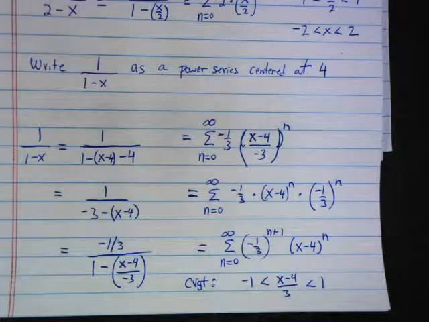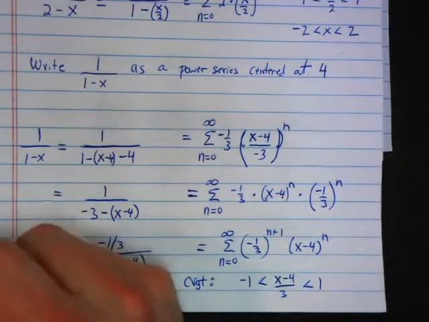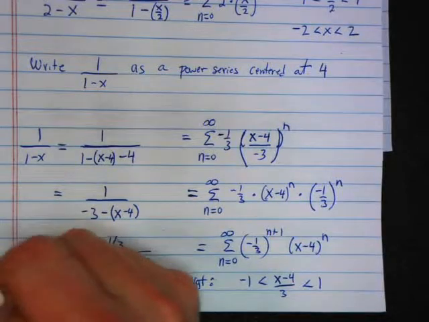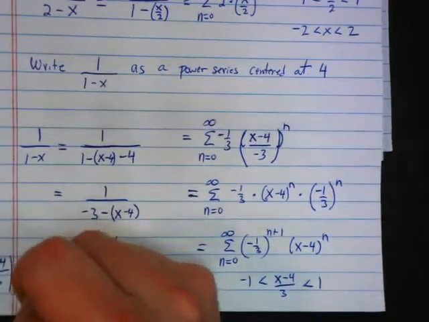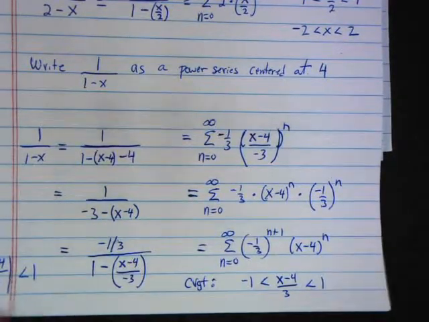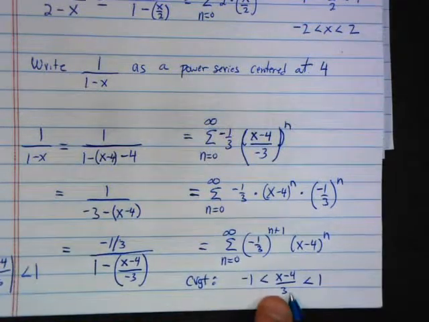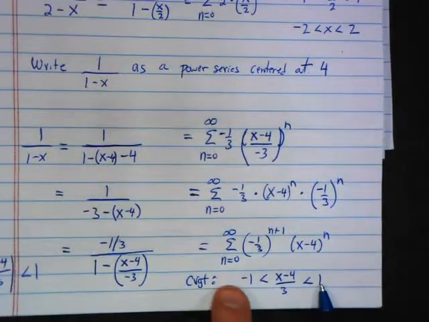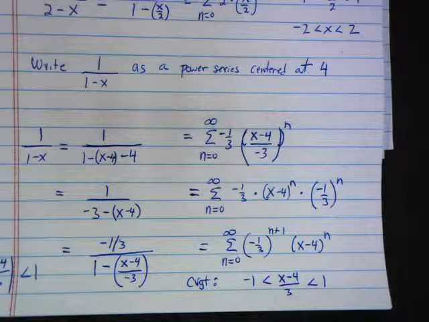So you drop the -3 out of that? Yes. Why do we drop the -3? Because normally we write this as absolute value of x minus 4 over -3 less than 1. The absolute value of -3 is +3, and then split it that way.